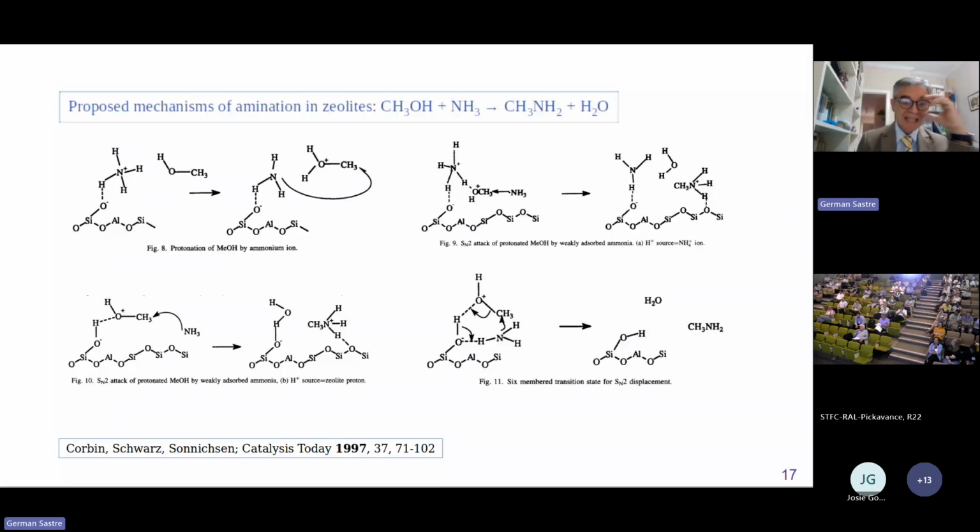And then the other two proposed mechanisms are based on absorption on the Bronsted site of methanol instead of ammonia. Being ammonia more basic, I like to think that the two mechanisms on the top seem more likely, but the 4 of them have been proposed.